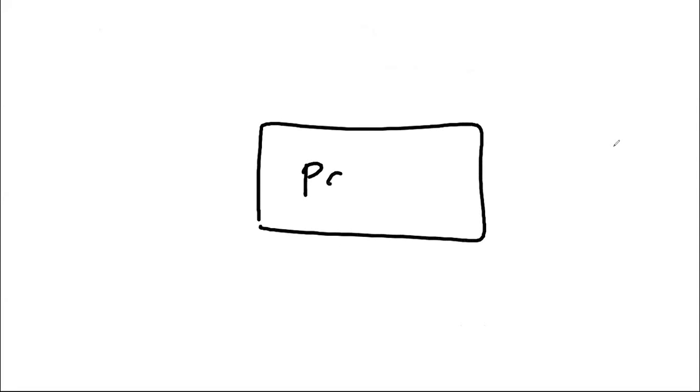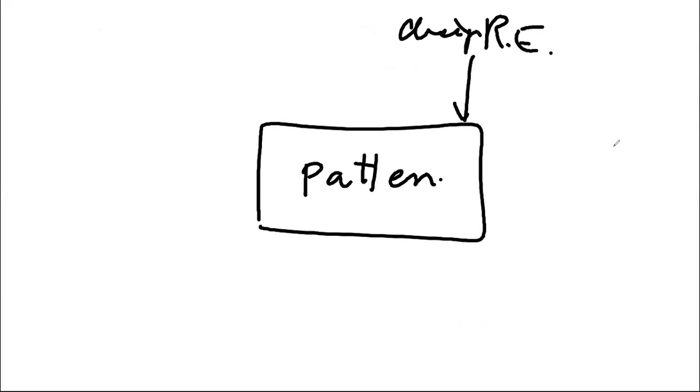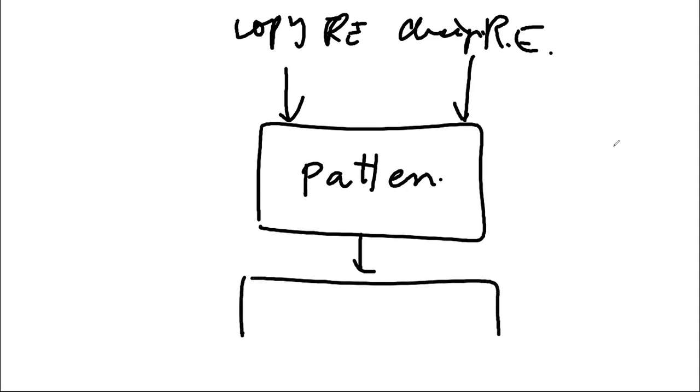Assume that you need to create a pattern. There are two sources you can create it from. One is you design the RE yourself, or you copy an existing RE. Then you compile it and get a pattern, and you need to create a matcher to match it.